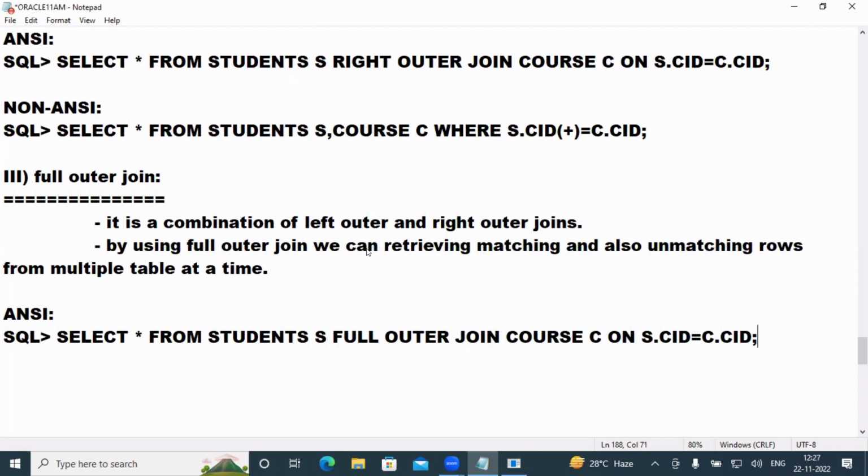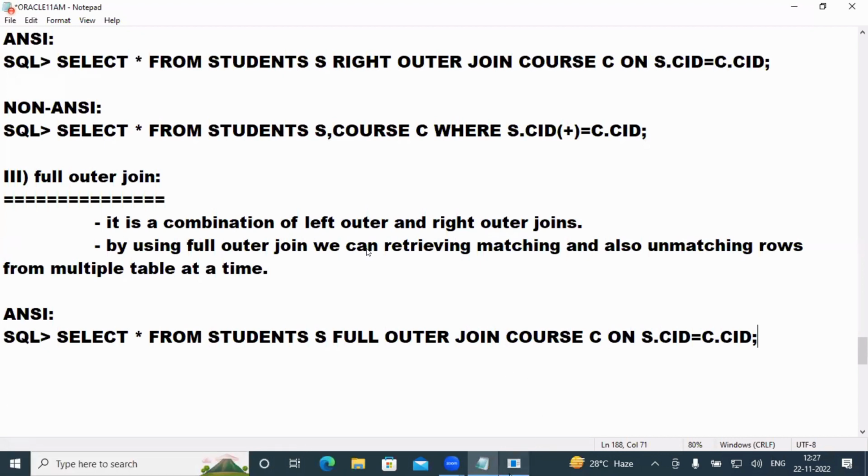So on both sides we want to use the plus operator.